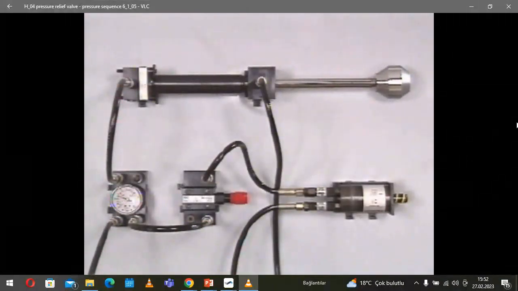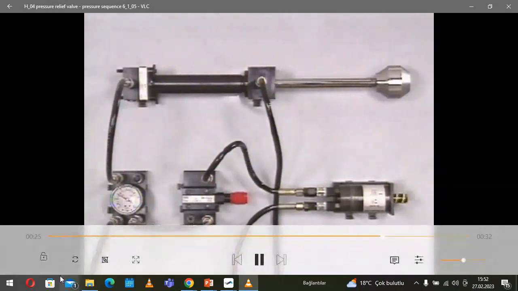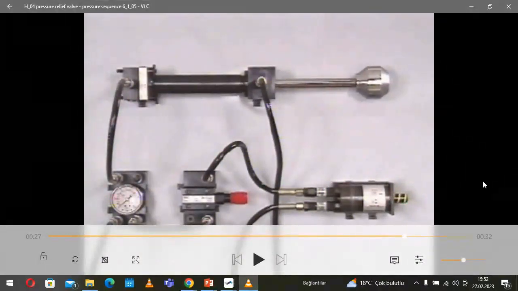So the valve serves here as a pressure sequence valve. You see here the hydraulic motor provides the rotary motion, used together with a linear actuator, and the pressure relief valve is used in a different function here.